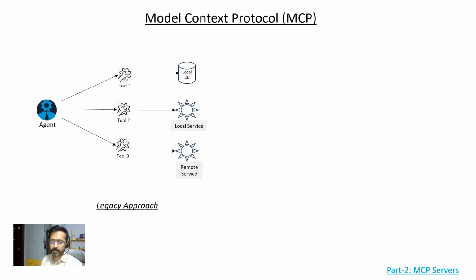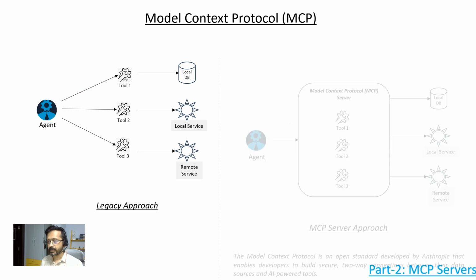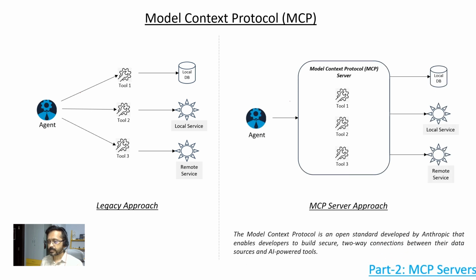See this legacy approach where my agent is having different tools and these tools are talking to their data sources in different ways. These are tightly coupled and really difficult to maintain. On the other hand, this is my MCP server approach where my agent is a separate layer and has unified ways to call all these tools.